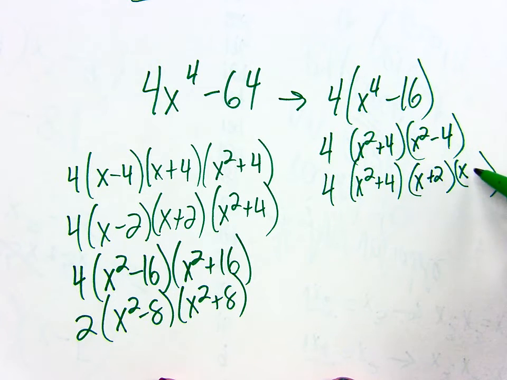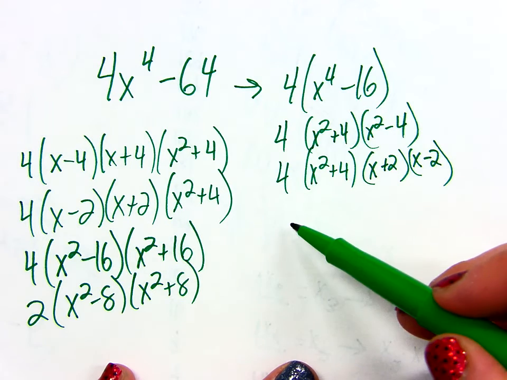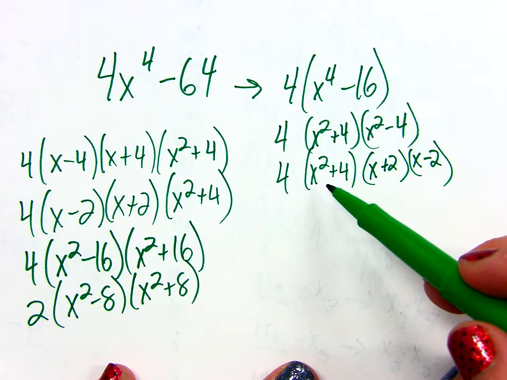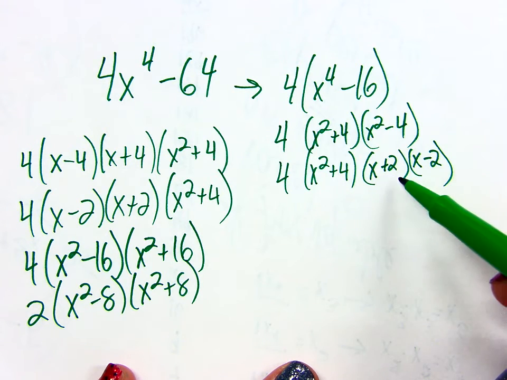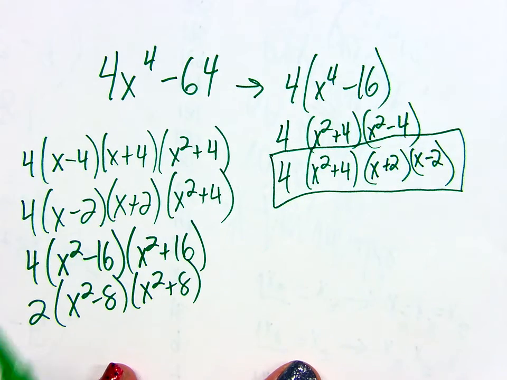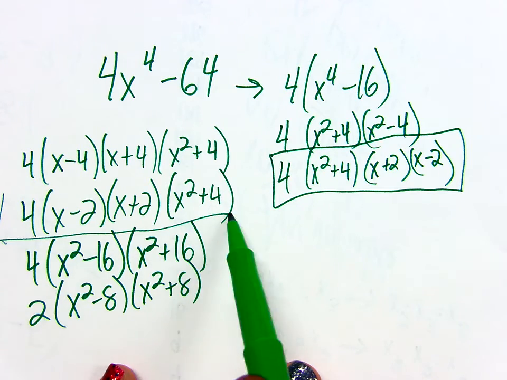So one's a plus 2, one's a minus 2. Can we go any further? There's nothing to do with just a 4. We already said that that's the sum of two squares, so I can't touch it. And then those aren't squares at all, so they're done. This is my final answer, which is the same as this one here, right? The second one.